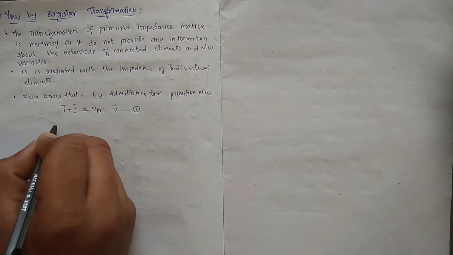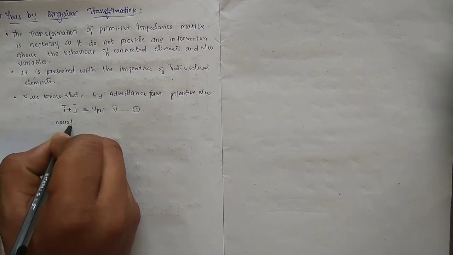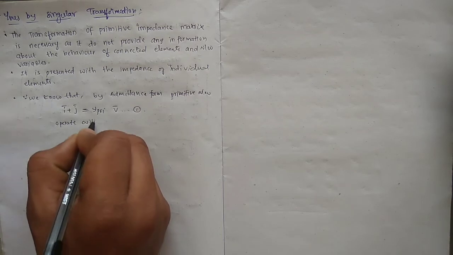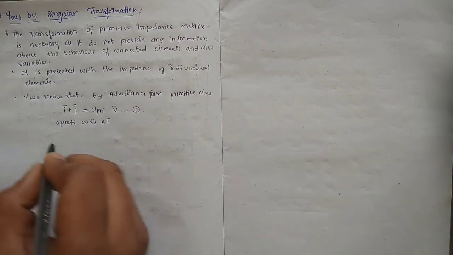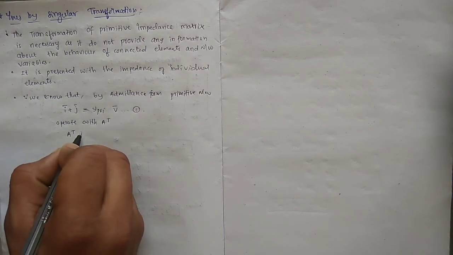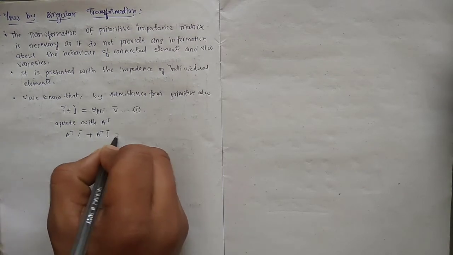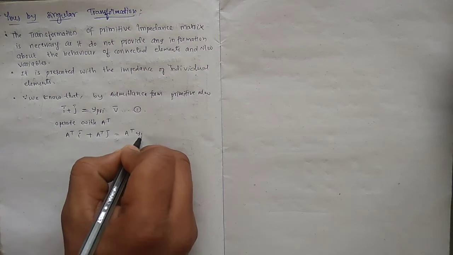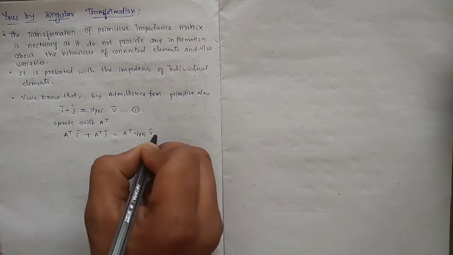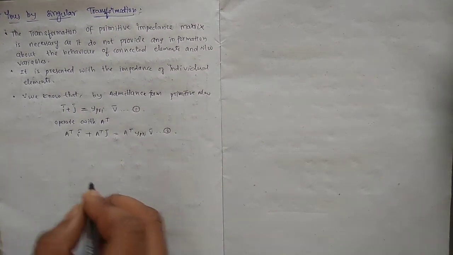Let it be equation 1. Operate with A transpose on both sides: A transpose into I vector plus A transpose into j vector is equal to A transpose into y primitive into v bar. Let it be equation 2.